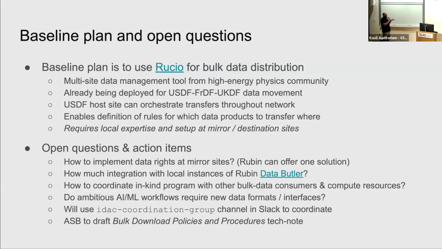There are also, I think, and this is maybe even getting into another session or another talk, questions as to whether particular AI workflows or really large-scale analysis workflows might even call for different data formats or repackaging or different interfaces to support cutouts at scale, for instance.